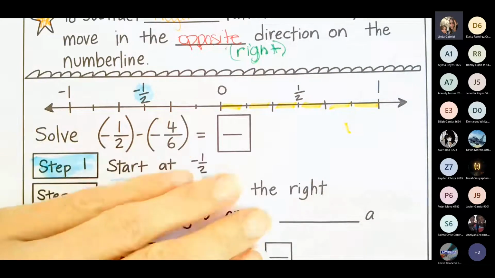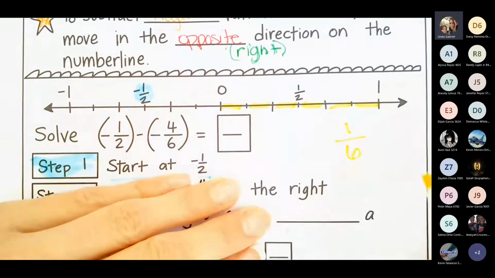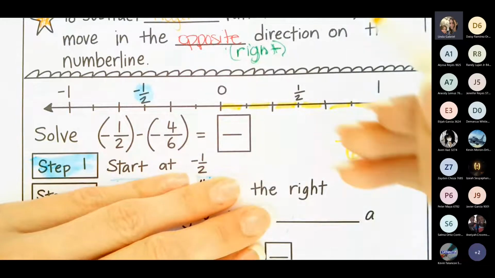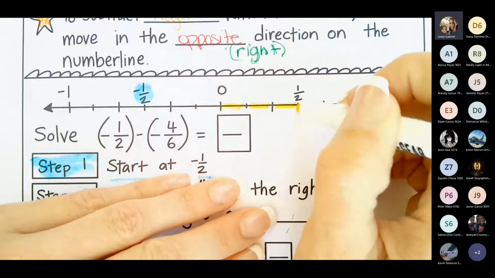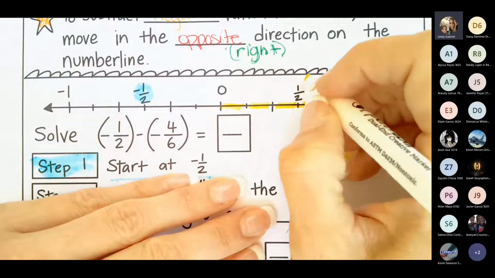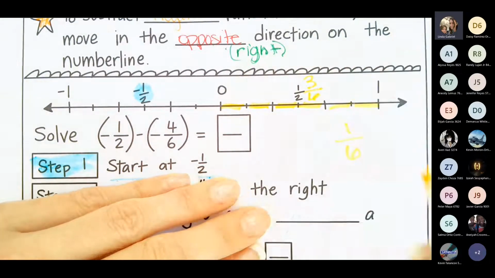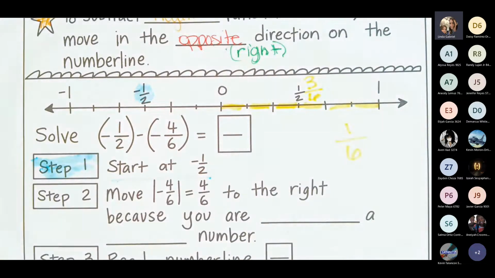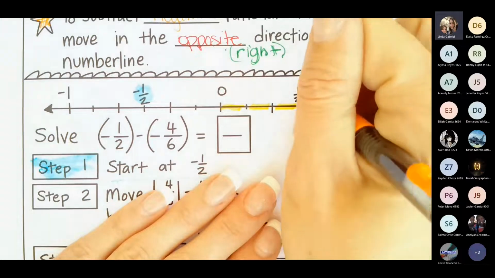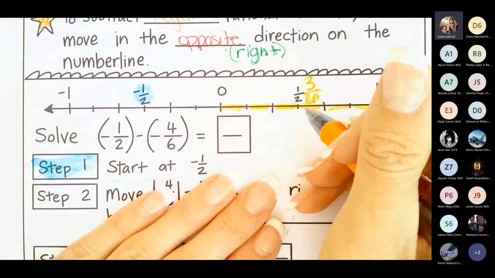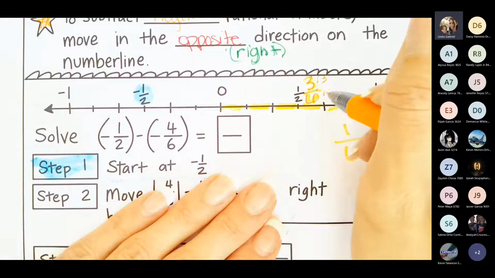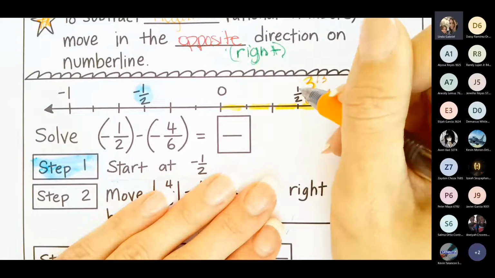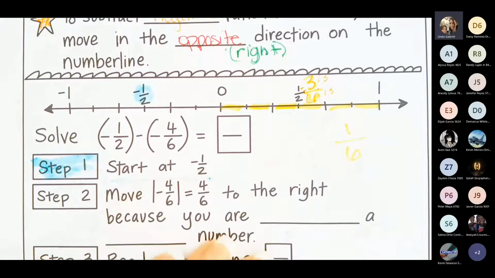So that means each of my little lines is worth 1/6. And if you guys notice, when I counted towards the half, I had 1, 2, 3. So that means that my 1/2 is valued at 3/6, right? And we know that 3/6 is an equivalent fraction to 1/2. It's just simplified, right? Because I can make this 3/6 smaller by dividing the top by 3, dividing 6 by 3, and that gives me 1/2, right? So these are equivalent fractions.